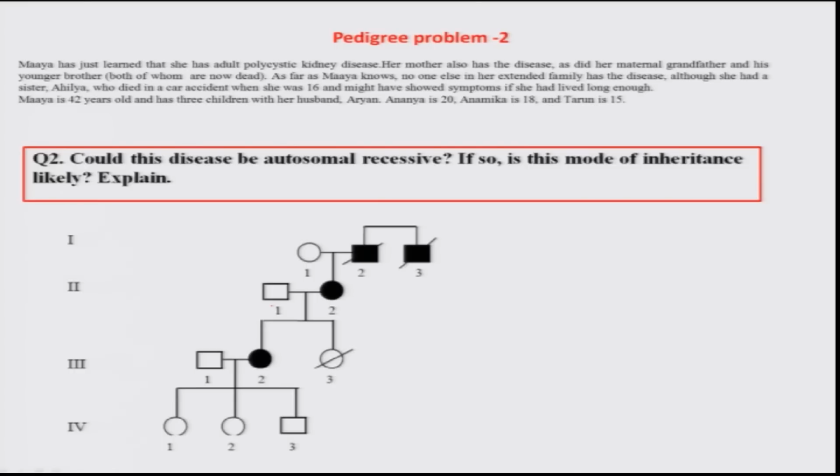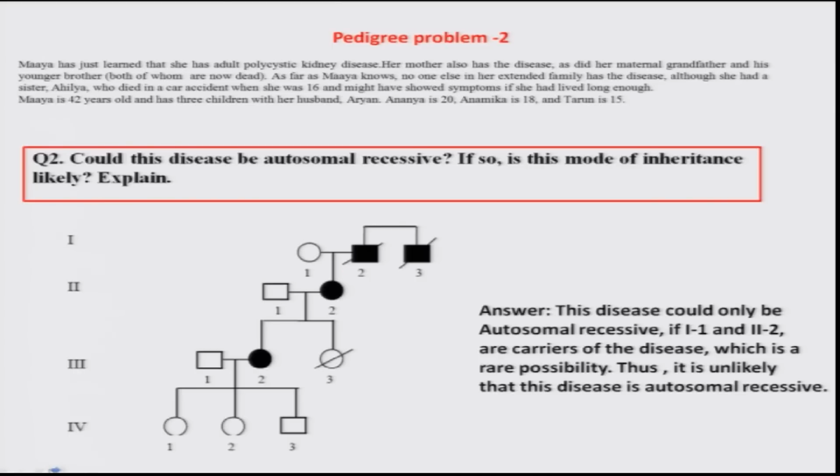But it is very unlikely that both of these persons, that is 1,2 and 2,2, are marrying a carrier. So it does not seem that this is autosomal recessive, and hence it is an unlikely possibility, which I have written, that this disease could only be autosomal recessive if 1,1 and 2,2 are carriers of the disease, which is a rare possibility. Thus, it is unlikely that this disease is autosomal recessive.